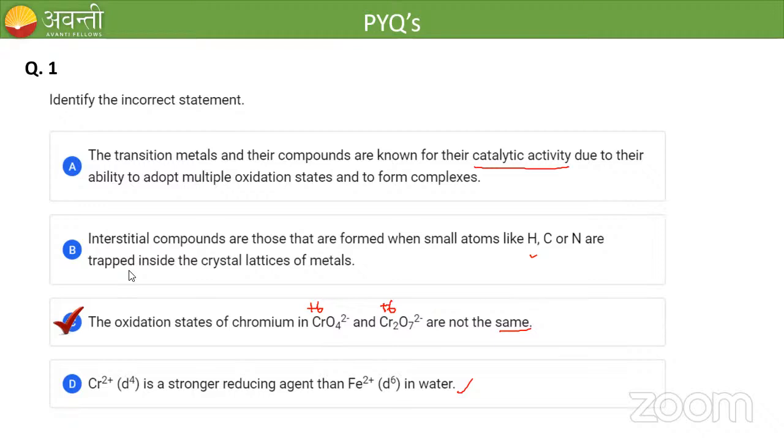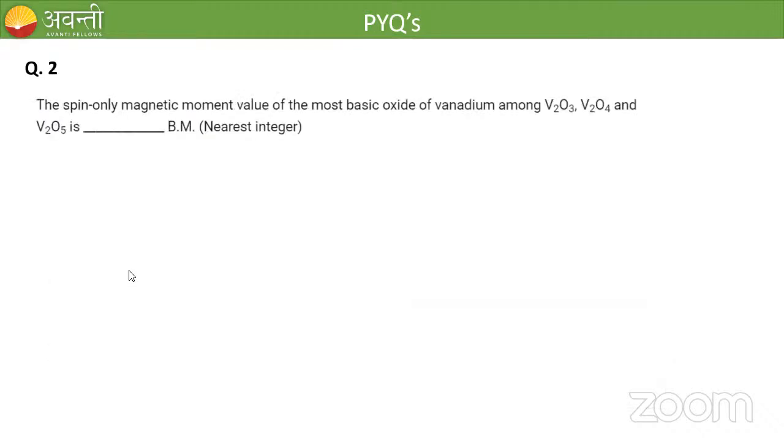Moving on to the next question. The spin-only magnetic moment value of the most basic oxide of vanadium among V2O3, V2O4 and V2O5 is dash Bohr magneton. Three oxides of vanadium are given.